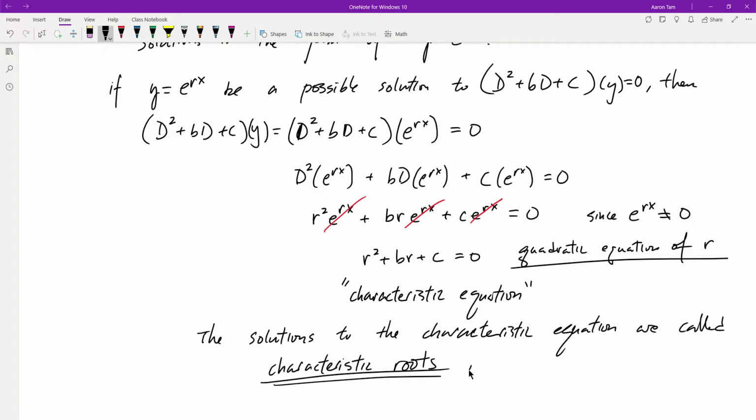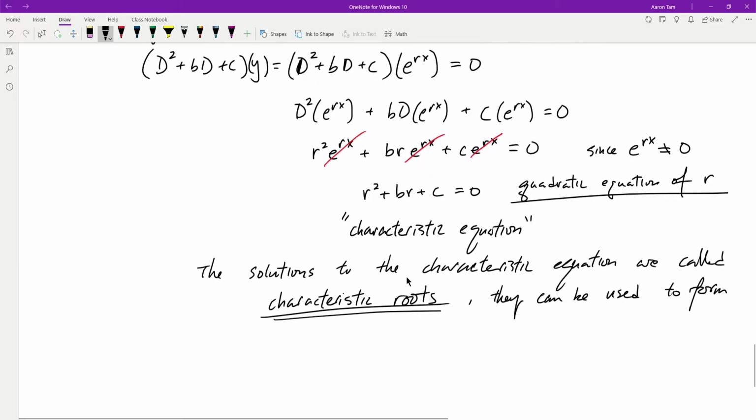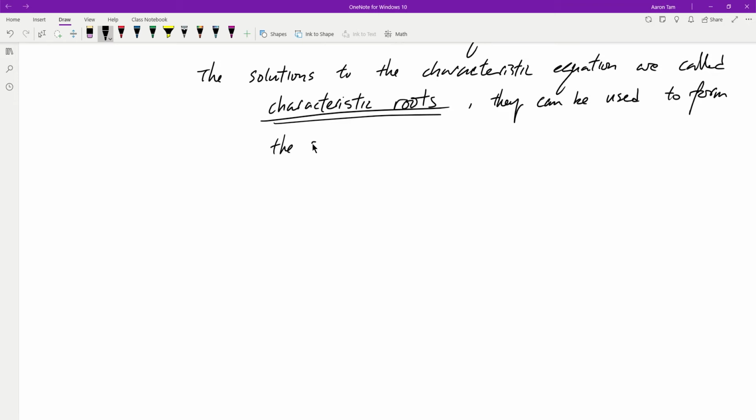And they can be used to form the solution set of the differential equation. Before we formalize all of these into a theorem, we can definitely give it a try first and see how that works.